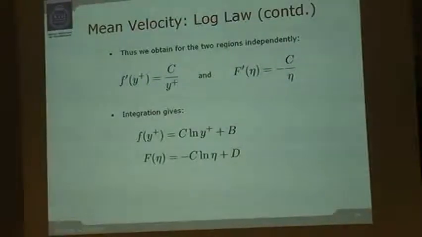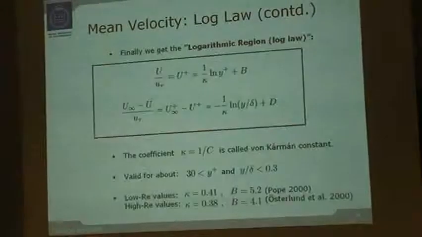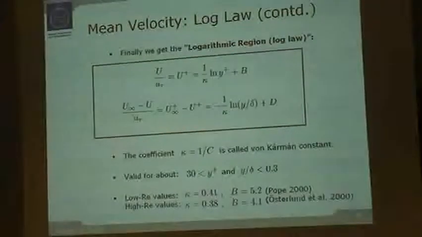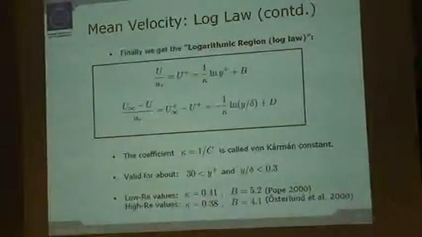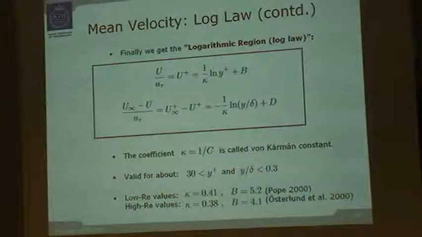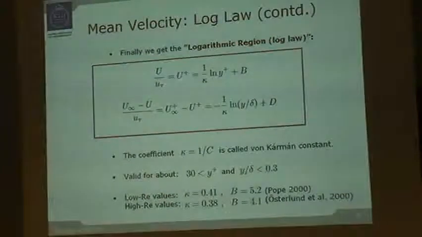Then for both regions, small f prime is c over y plus, and capital F prime is minus c over eta. Both are independent regions. We can integrate both, so we get c times the logarithm of y plus b, and similar for the outer. This is now the famous result, first derived, I think, in the 30s, which we nowadays call the logarithmic law.